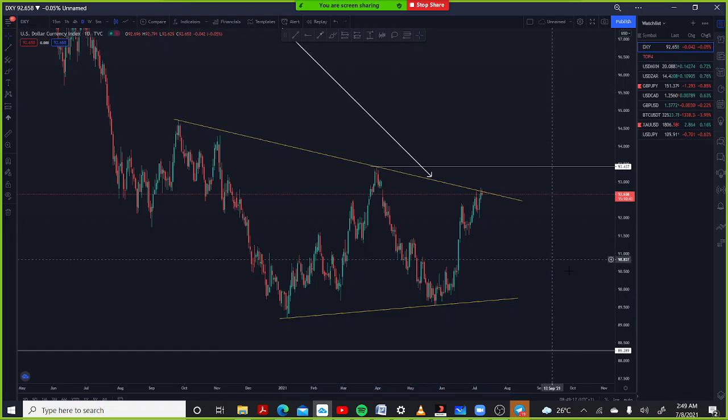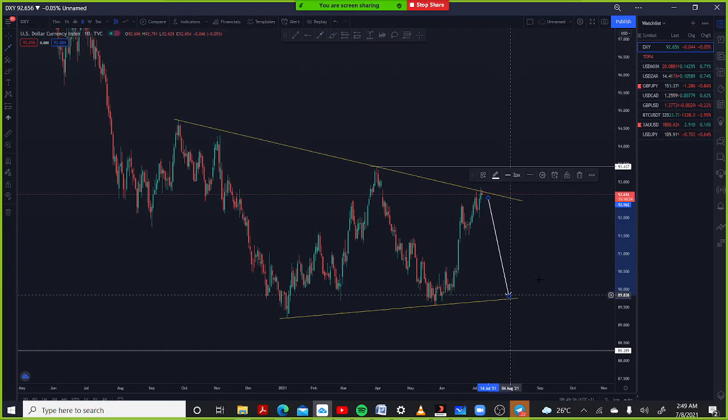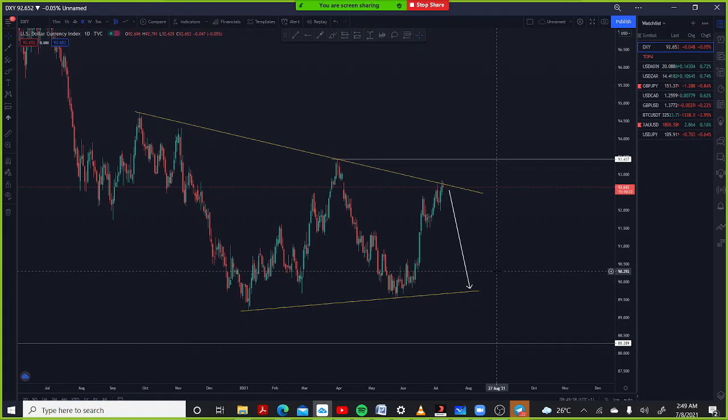So it's likely that price, remember when you outline the structures on the daily and you zoom in, you need to erase some of those so your charts don't look messy. This is very, very possible on the dollar index.